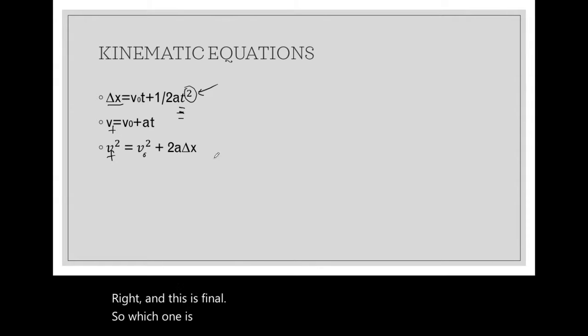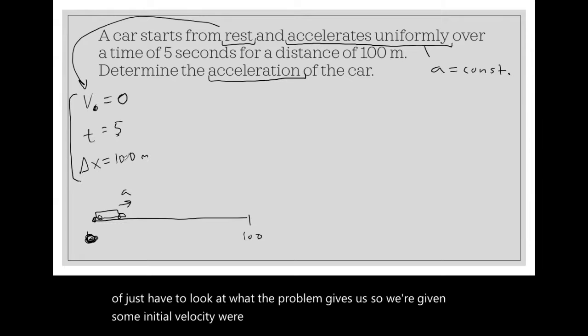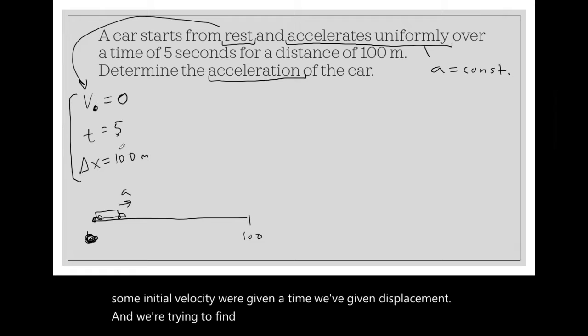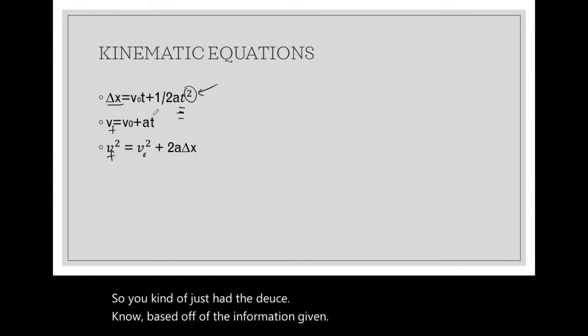At this point, we have to look at what the problem gives us. We're given some initial velocity, a time, and a displacement, and we're trying to find the acceleration. So you have to deduce, based off of the information given, which one of these would be the best one to use.